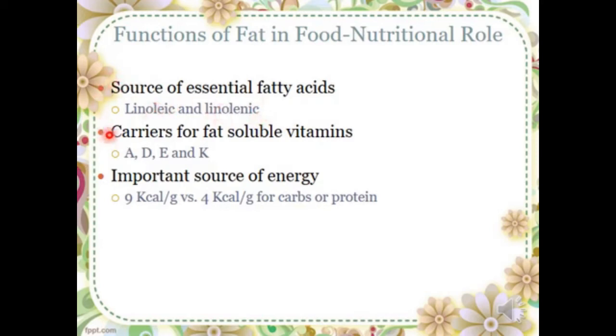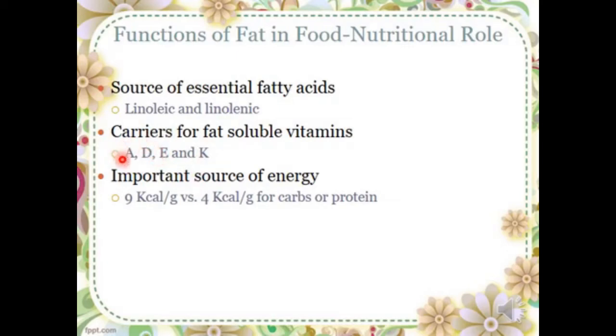Another purpose of fat in our diet is as a carrier for fat soluble vitamins. Vitamins A, D, E and K are also important for your body. In order for these A, D, E, K vitamins to be absorbed by your body, you need a carrier for them, which is fat.